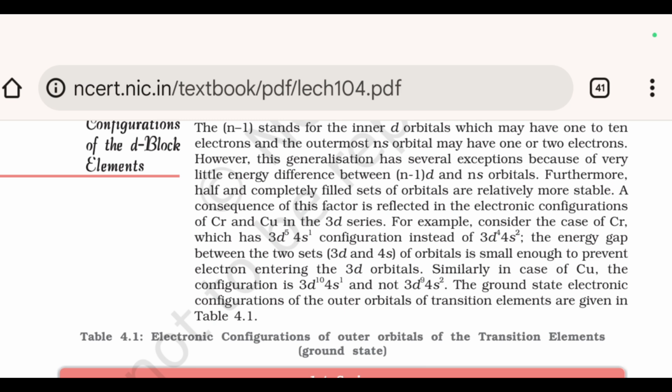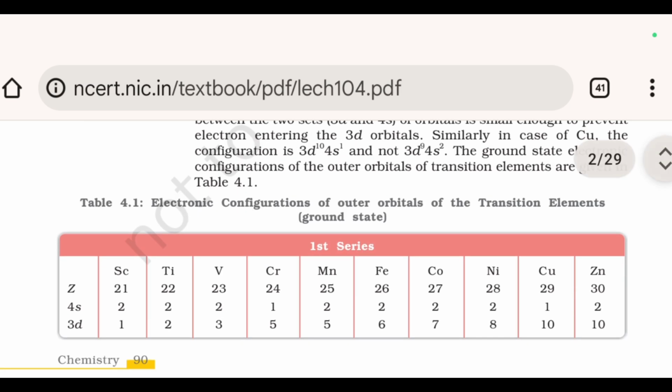The ground state electronic configurations of the outer orbitals of the transition elements are given in table 4.1. Scandium, titanium, vanadium, chromium, manganese, iron, cobalt, nickel, copper, zinc, and Z is the atomic number, which is 21, 22, 23, 24, 25, 26, 27, 28, 29, 30 respectively.